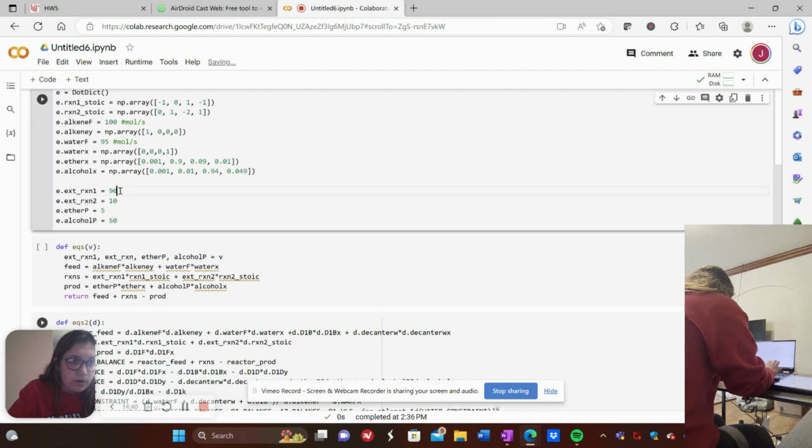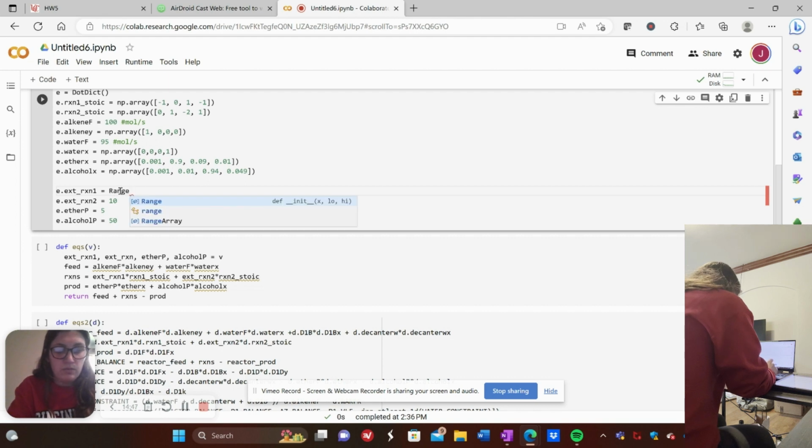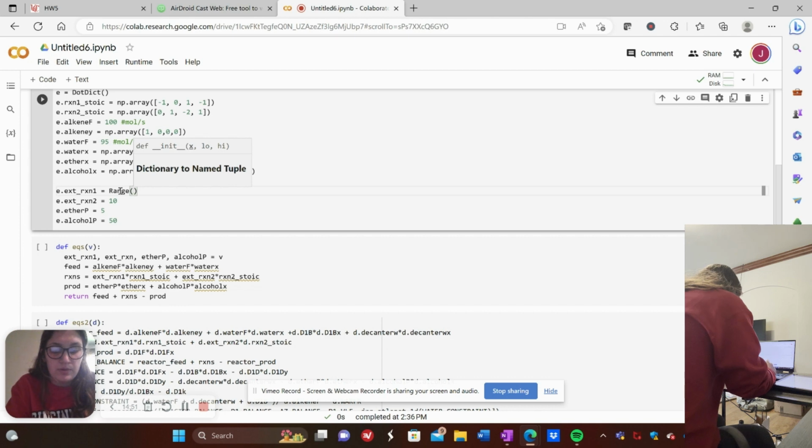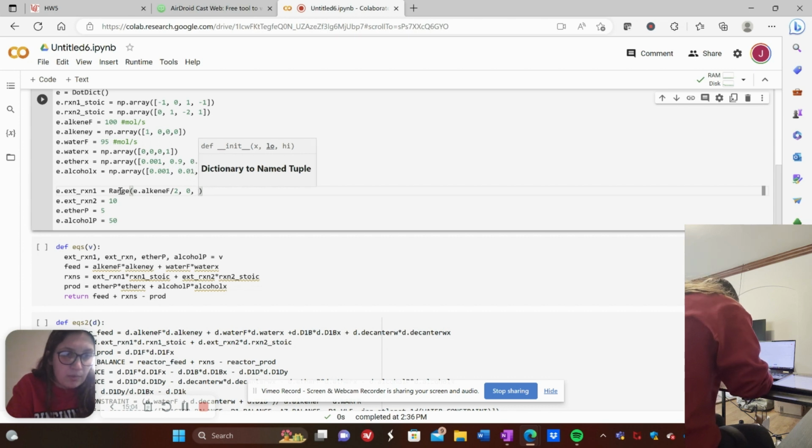So for this, we're going to use range. So we have range and then our initial guess. So for this, we're going to do E dot alkene F divided by 2 as our guess. Our lower bound is 0, and then our upper bound is just alkene F.